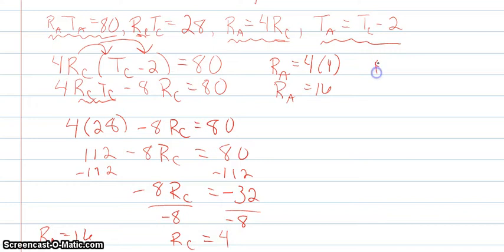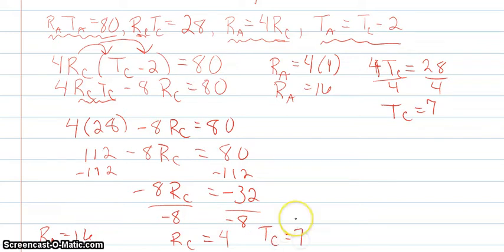So 4 T sub C equals 28. Divide both sides by 4, so T sub C is 7. Alright, and then I still need to find out what my T sub A is, so you would fill that in here. So T sub A equals 7 minus 2, so T sub A equals 5.